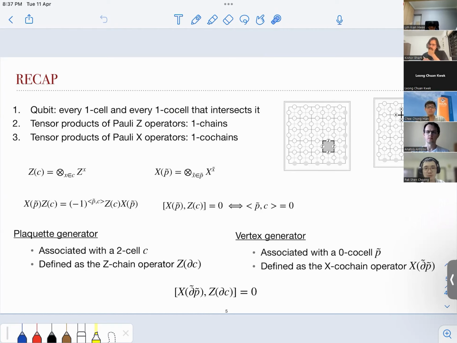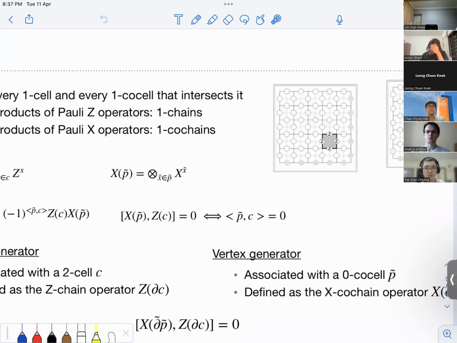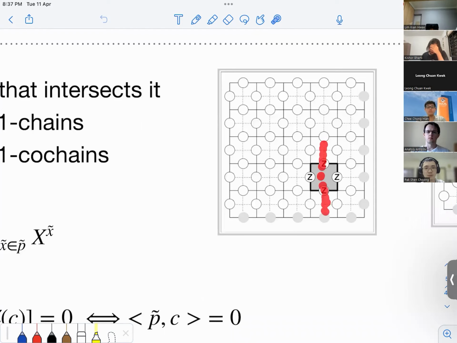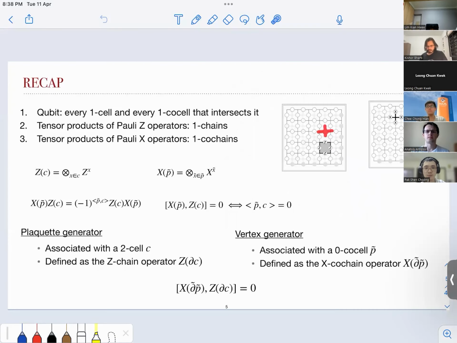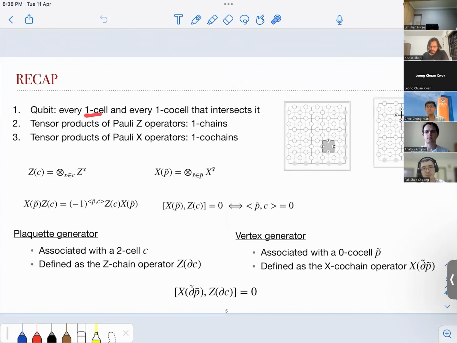As we learned before, you have a lattice and a dual lattice, and at their intersection our qubits are present. The dual lattice here is this dotted line, and the original primal lattice is these dark lines. So in the language of topology, when every one cell and every one co-cell intersect, you get a qubit. That's how you represent a qubit.